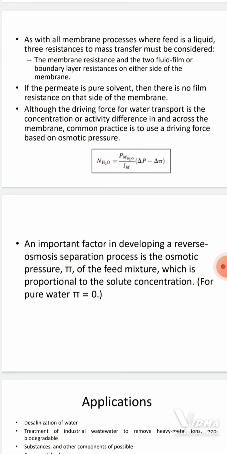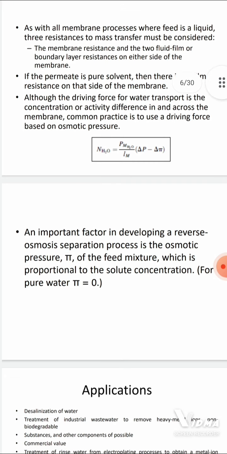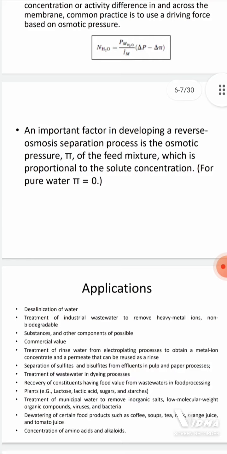Here we have delta P, the applied hydraulic pressure difference, that is the liquid feed side pressure minus the permeate side pressure, and delta pi is the osmotic pressure difference, that is the osmotic pressure of the feed side minus the osmotic pressure of the permeate side.